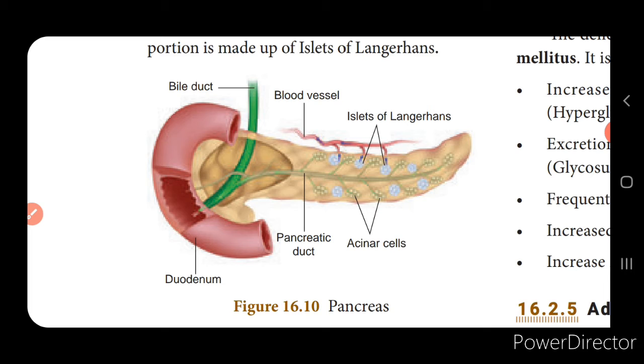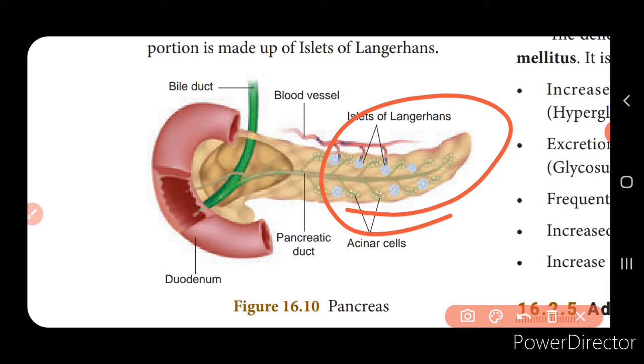So this acts both as an exocrine and the endocrine gland. And if you see the exocrine pancreas, it secretes the pancreatic juice, and this is very useful in the digestion process, isn't it?